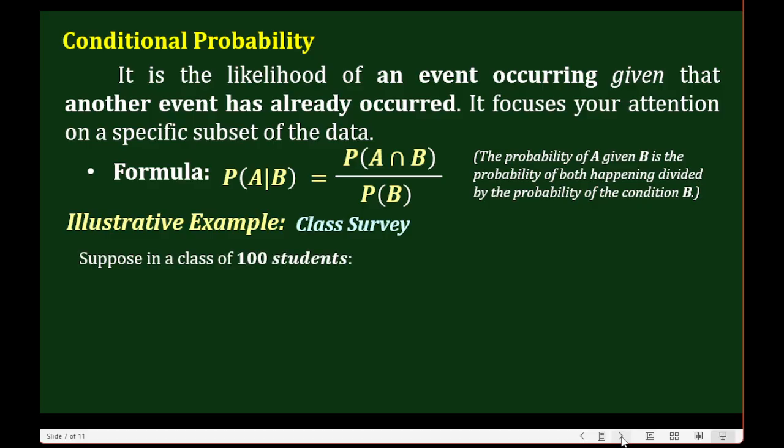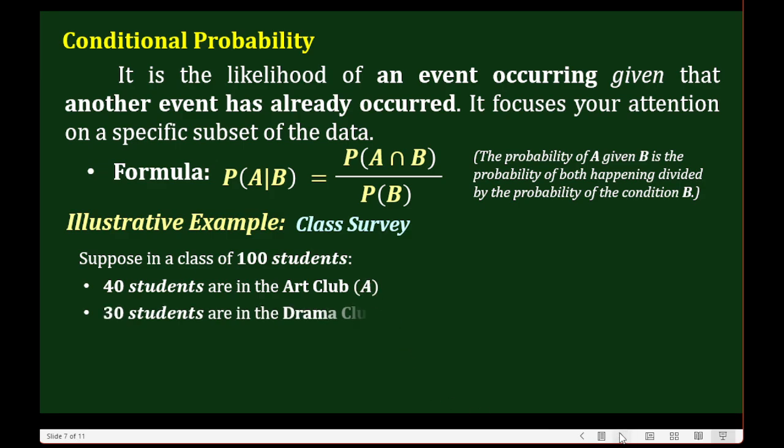Now, suppose in a class there are 100 students. From this number of students, 40 students are in the art club. So that is your A. And 30 students are in the drama club, which is your B. And then 10 students are in both clubs.